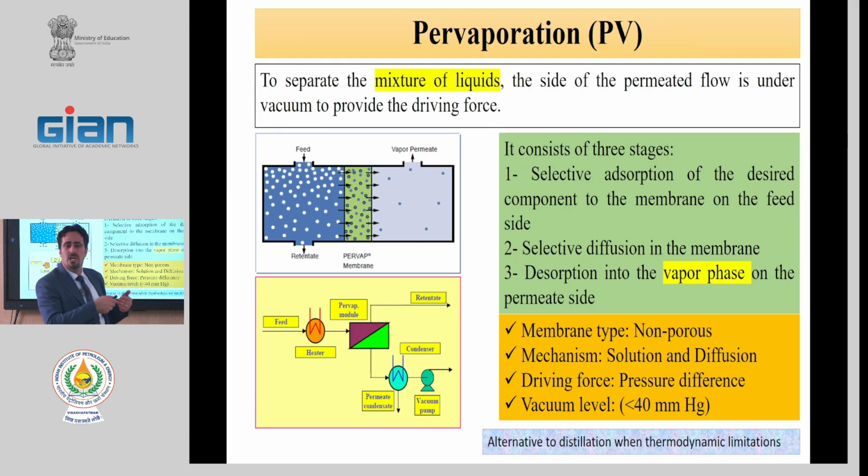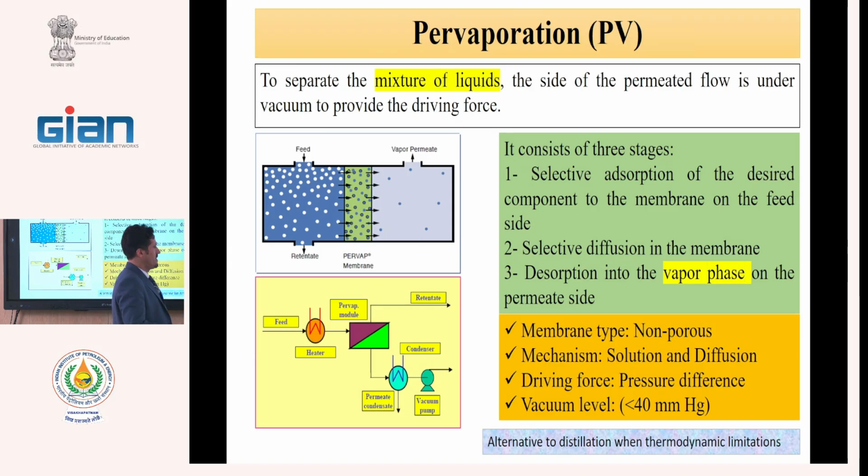For condensation, we reduce the temperature for changing the gas to liquid. Therefore, you see in the permeate we have a condensate. This is the heater, this is the refrigerator, to reduce the temperature. This is a schematic of the pervaporation membrane.